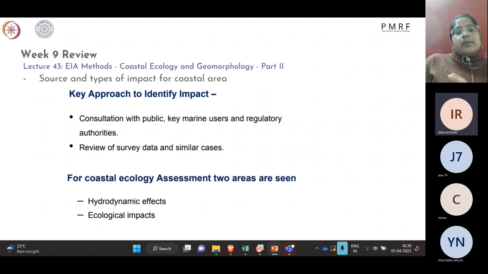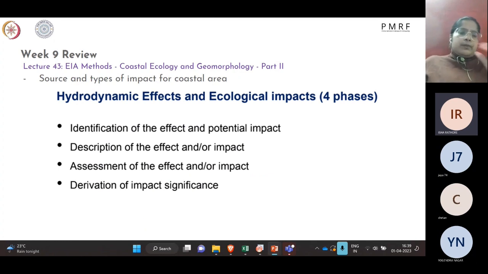And for coastal ecology, there are basically two areas in which assessment is done. One is the hydrodynamic effects, and the second is the ecological impacts. So the hydrodynamic effects and ecological impacts are assessed in four steps. So the first step is identification of the effect and the potential impact this effect is going to have.